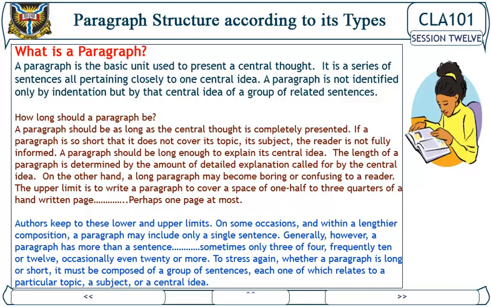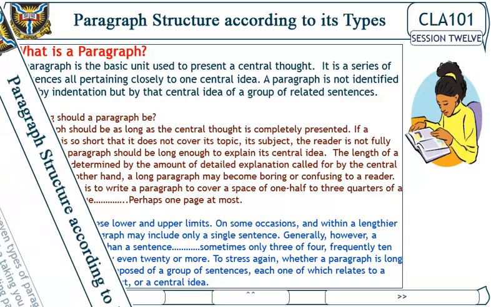Generally, however, a paragraph has more than a sentence, sometimes only 3 or 4, frequently 10 or 12, occasionally even 20 or more. To stress again, whether a paragraph is long or short, it must be composed of a group of sentences, each one of which relates to a particular topic, a subject, or a central idea.